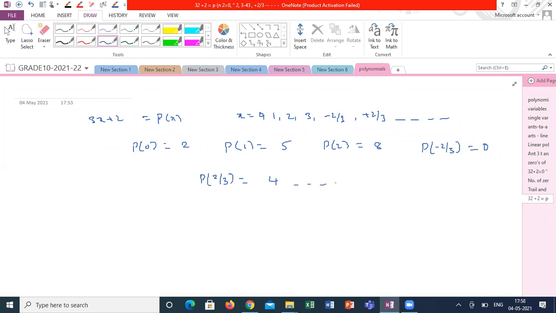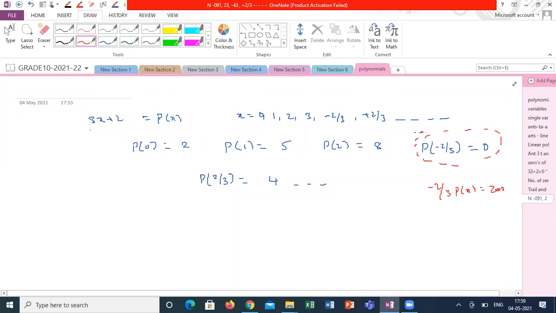Like this, what values are they getting for the substituted values? They are getting one and only one value as 0, at x equal to minus 2 by 3, where p of x is 0, and its degree is 1. They concluded that the zero of this polynomial is only 1.